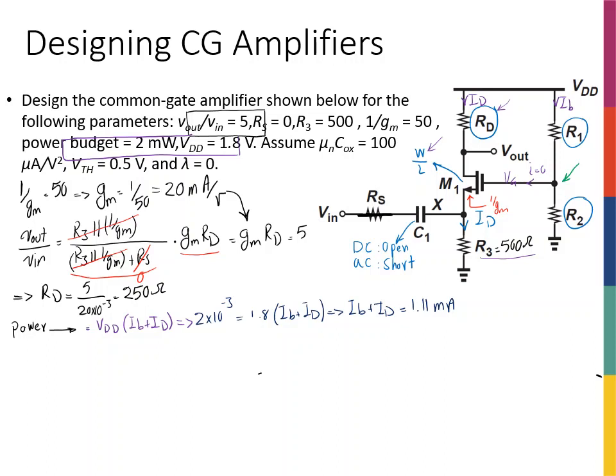Does it really matter to have an IB that is 1 milliamp or 1 microamp or 1 nanoamp? If you think about it, generally it doesn't matter, because I know that this VG is equal to R2 over R1 plus R2 times VDD, no matter what IB is, because the IB is going to be flowing through here as well, and there's no current going to the gate of the transistor. So whatever current I'm spending here is going to be wasted.